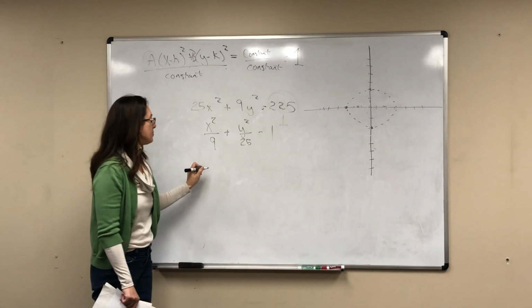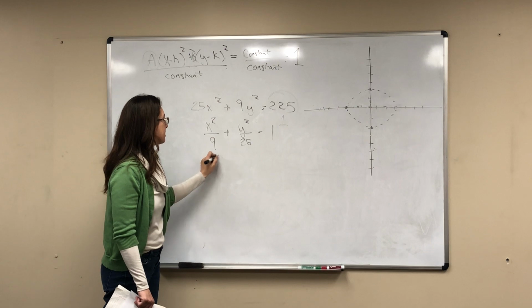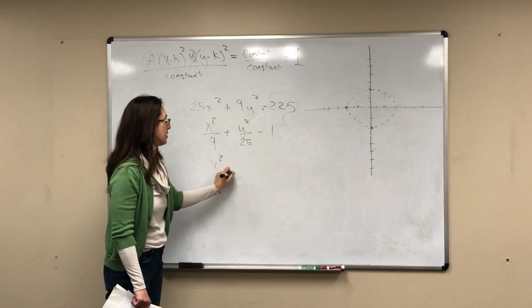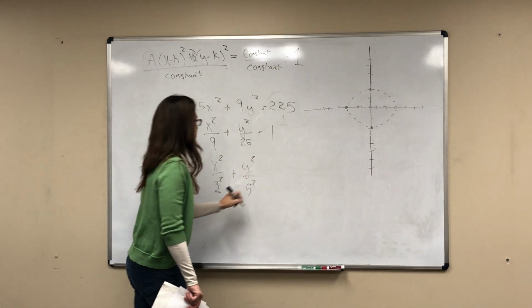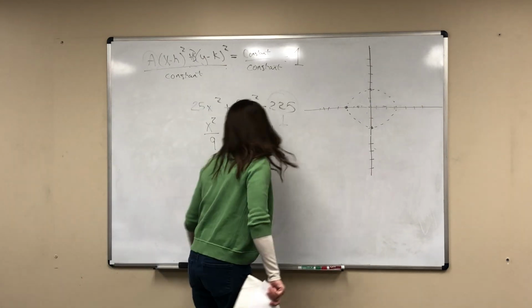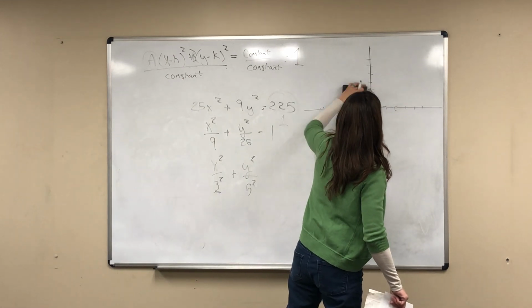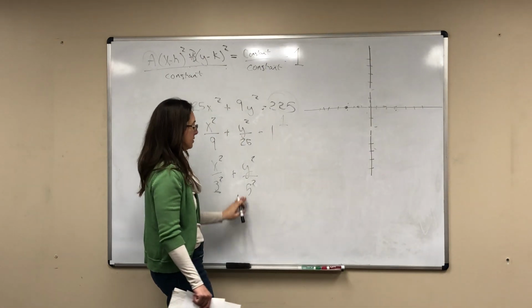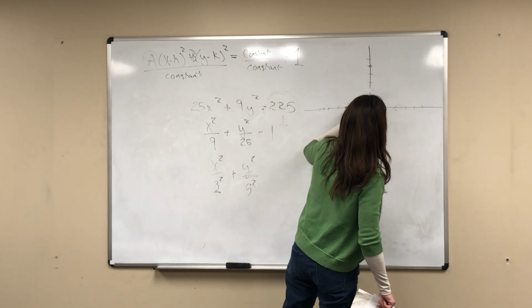Okay? How far am I going to move along the x-axis? 3. Because 9 is really 3 squared. 25 is 5 squared. So if I am graphing, I'm now moving 3 along the x-axis, but what am I moving along the y-axis? 5. 1, 2, 3, 4, 5.